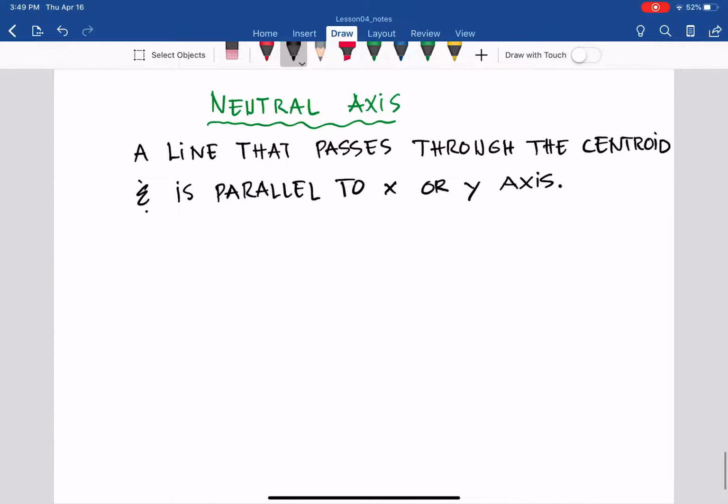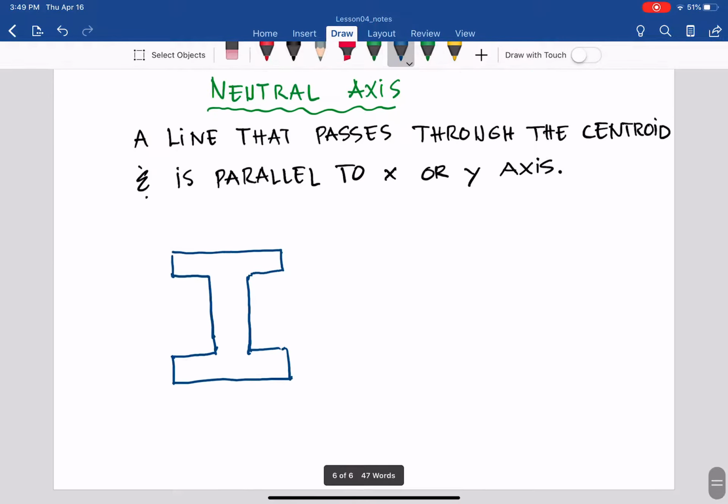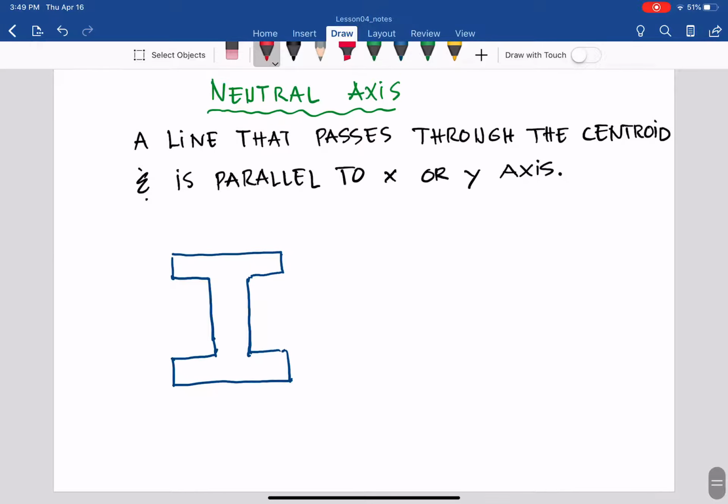So let's draw one, for example, the cross section here in an I shape. Assume this is a symmetrical shape in x and y. So you have the centroid in that area.